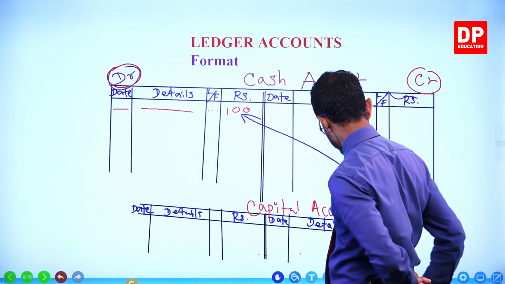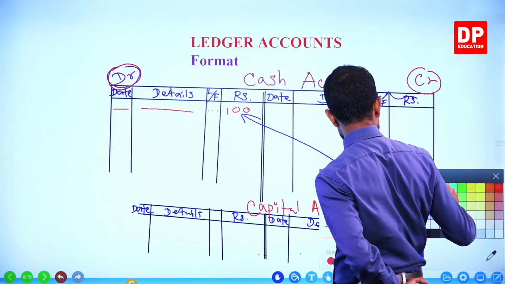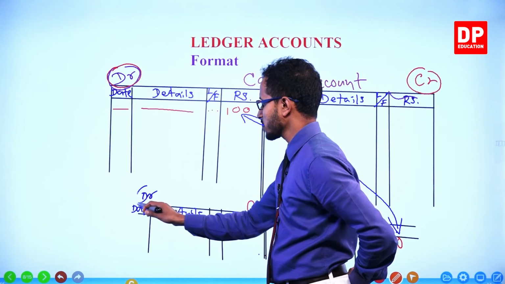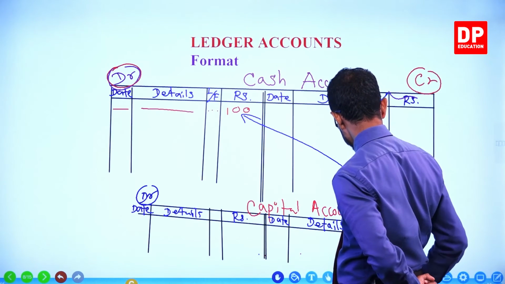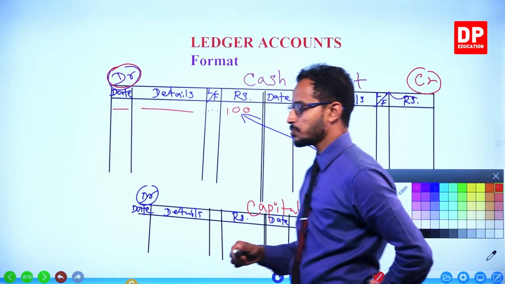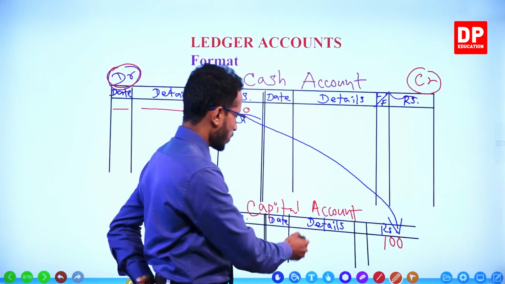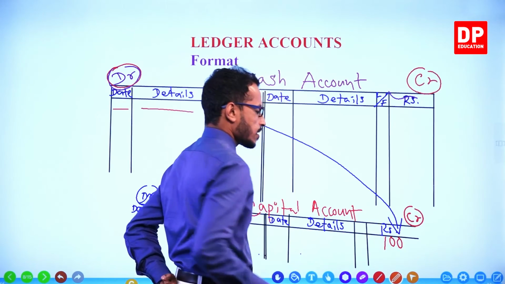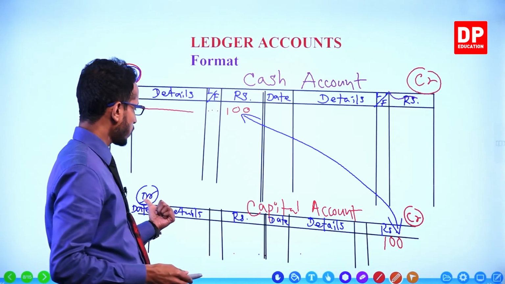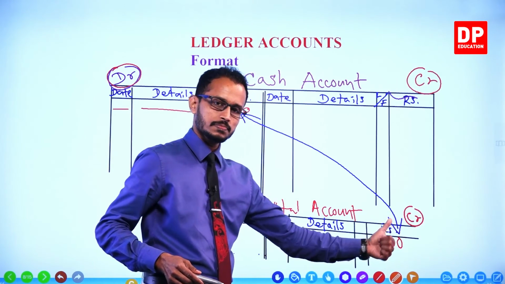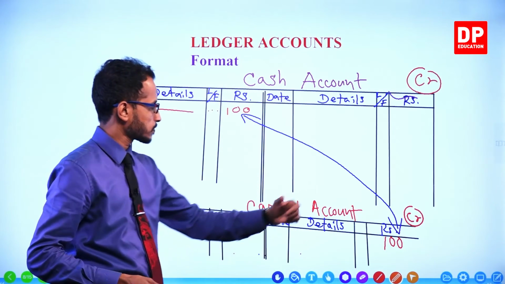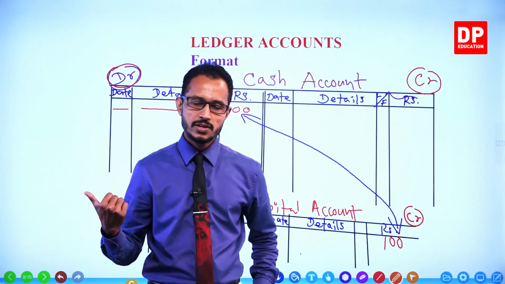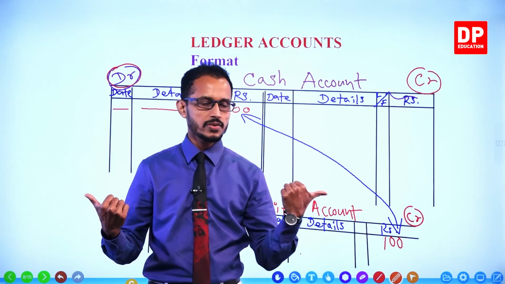We didn't name the debit side and credit side. That was our mistake. We should put DR on the debit side and CR on the credit side. Debit on the left, credit on the right. Debit left, credit right.